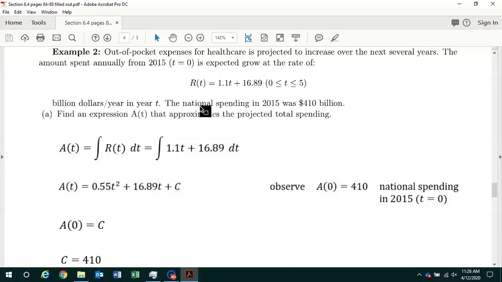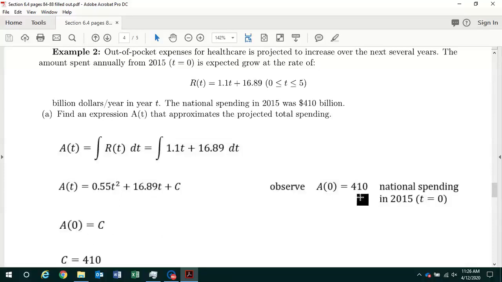Well, we're told that the national spending in 2015 is $410 billion, and t equals 0 corresponds to the year 2015. So we have A of 0, the spending in 2015, A of 0 is equal to 410. So plugging in 0 for t in our function over here, we get A of 0 is equal to c, right? Because these two terms are equal to 0 when you put 0 in for t.